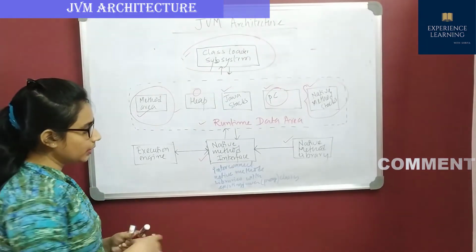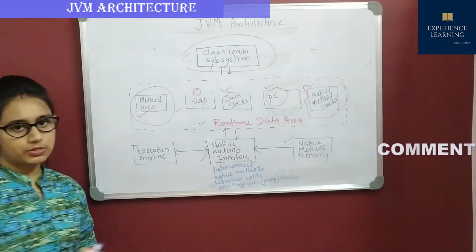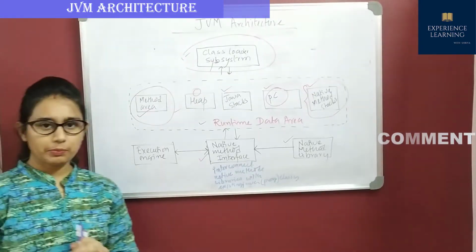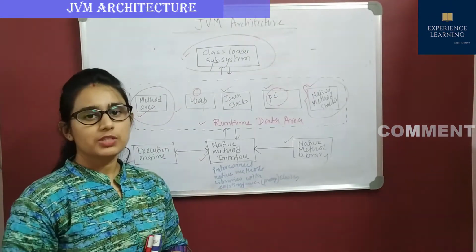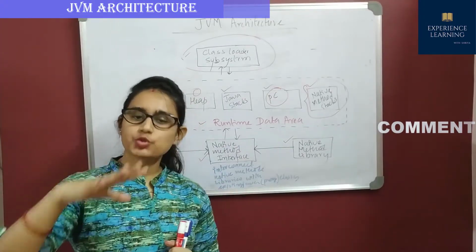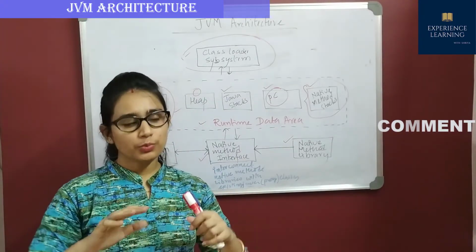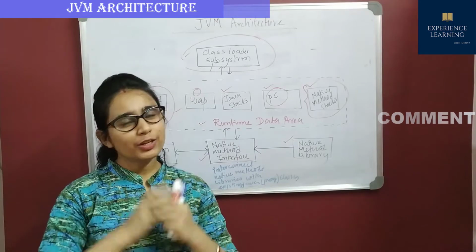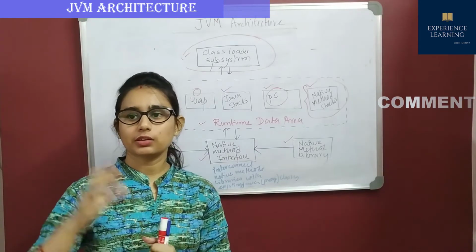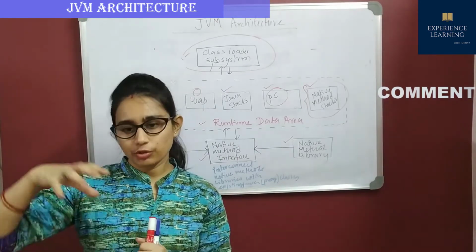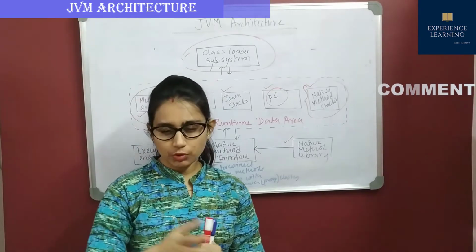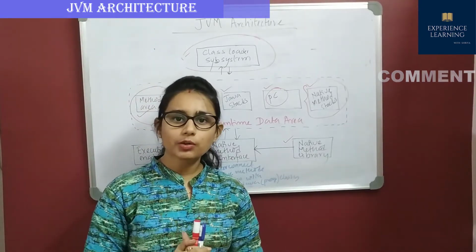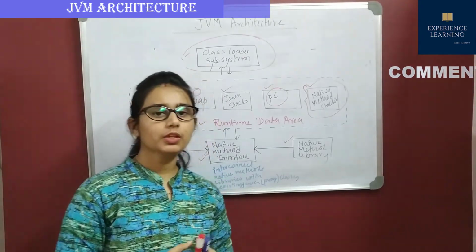Now see the native method interface. One thing to remember is that the JVM is actually a virtual machine which provides you the illusion that you are running the code and controlling all the resources, but basically you are not doing this.